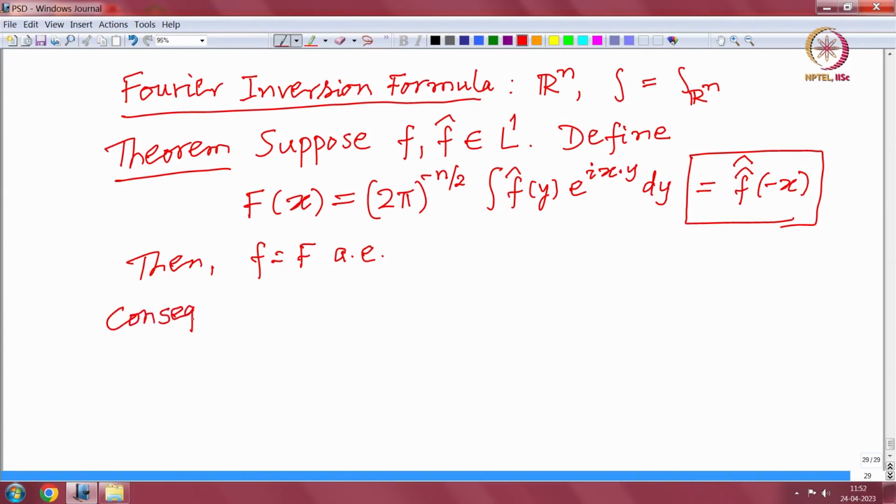We will come to the proof in a moment. So, we have already seen that, the same argument works here: f cap is continuous and vanishes at infinity.